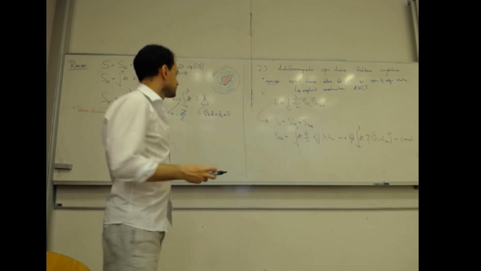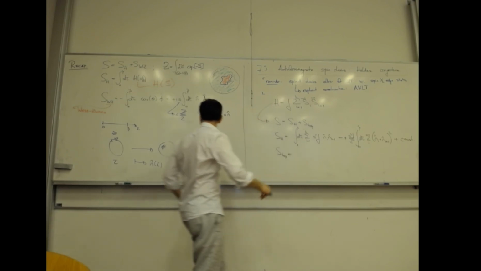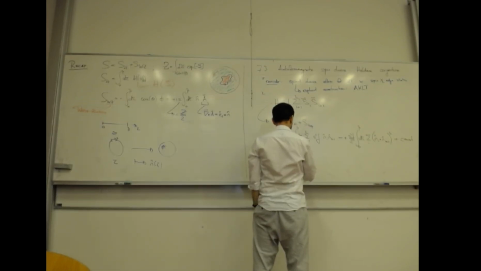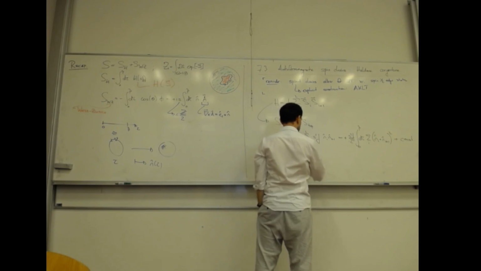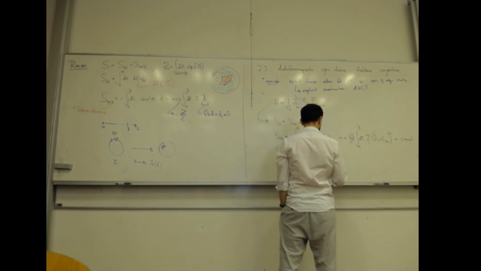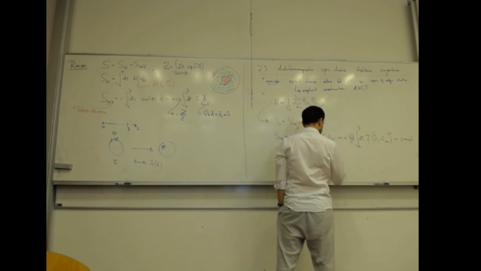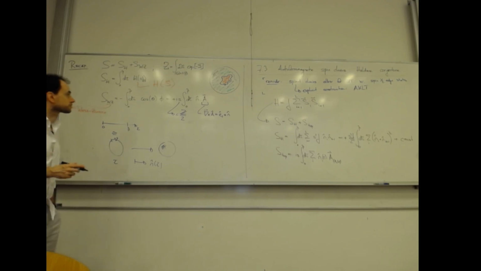And then there is the S_top. That's just for each position this term, so we have iS integral d tau from 0 to beta, sum over all i, n_i dot A, of course it depends on n_i, because A depends on n_i.